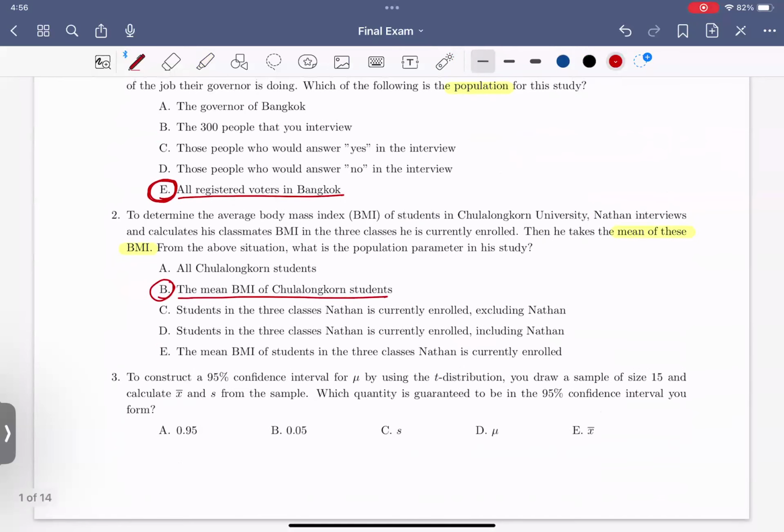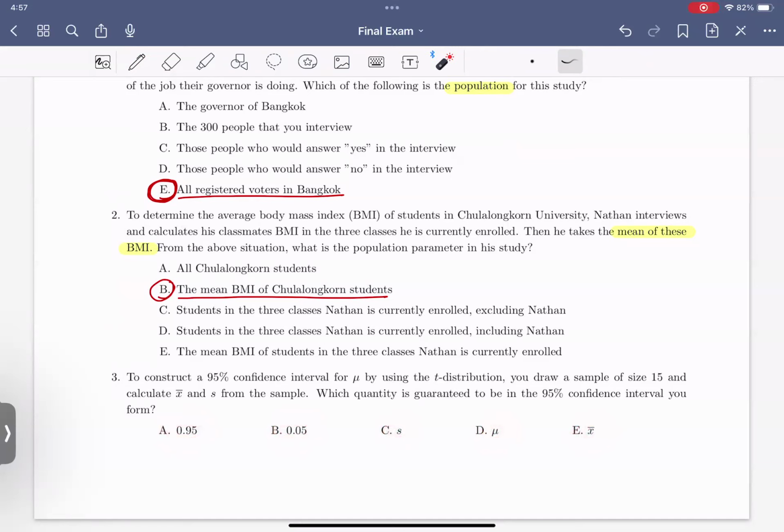To construct a 95% confidence interval for mu by using the T distribution, you draw a sample of size 15 and you calculate X bar and S from the sample. Which quantity is guaranteed to be in the 95% confidence interval you form? The choices are 0.95, 0.05, S, mu, or X bar.